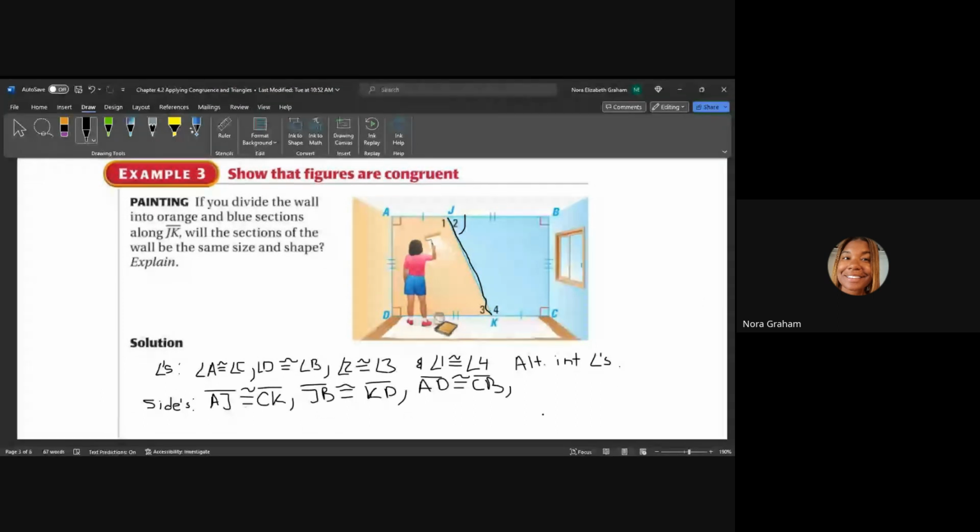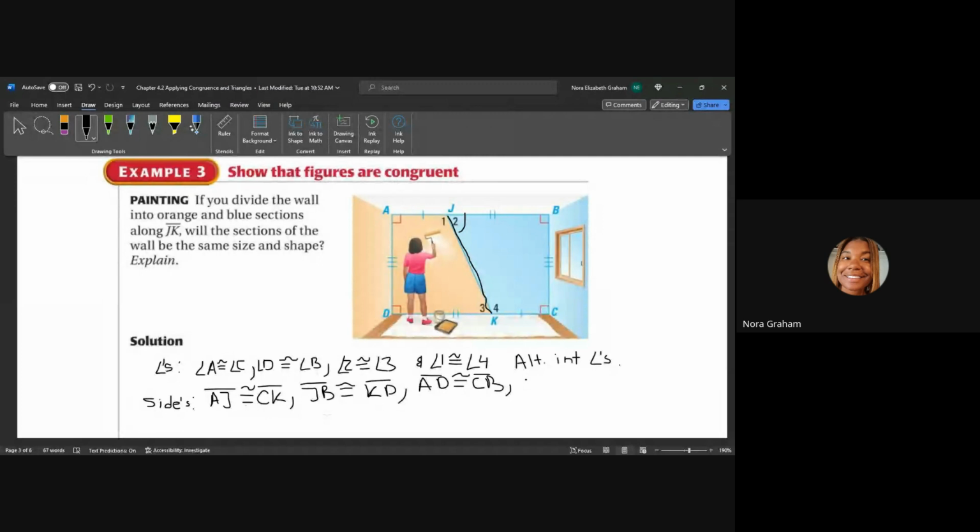So let's state that. We say that JK is congruent to KJ.